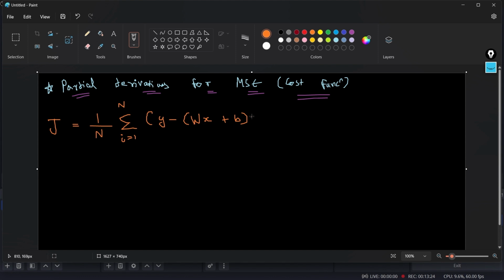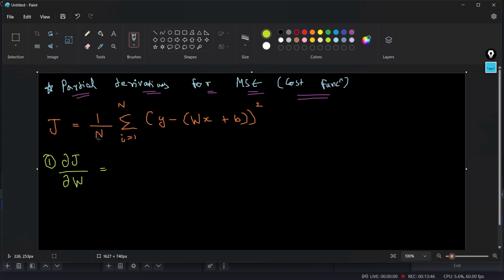That's the equation of the prediction. So y minus prediction square. So this is my J. Now what do I have to find? In the first place, I have to find the partial derivative of this cost with respect to W. Or you can also do it for B. I'll be doing it for B in the second equation.